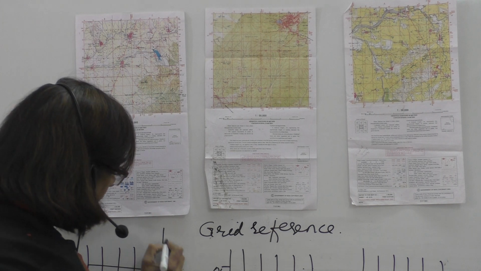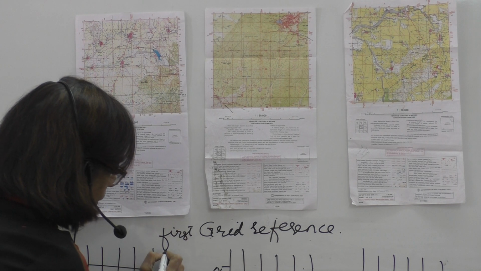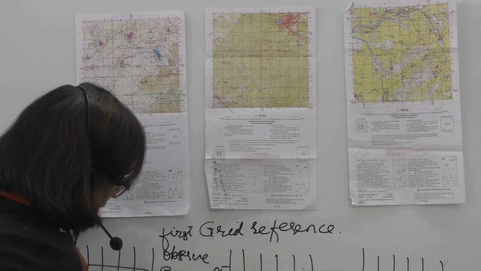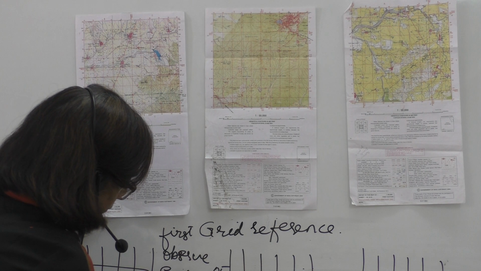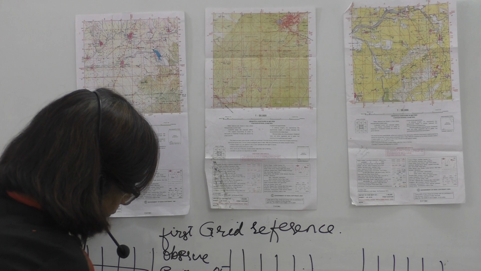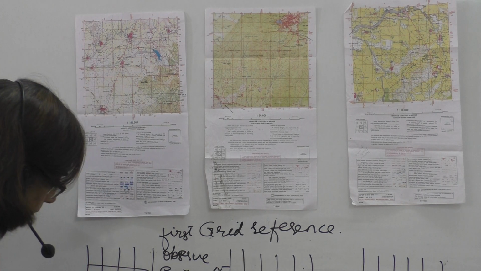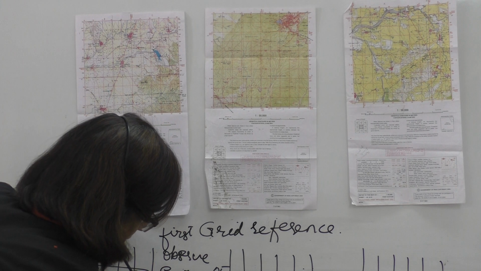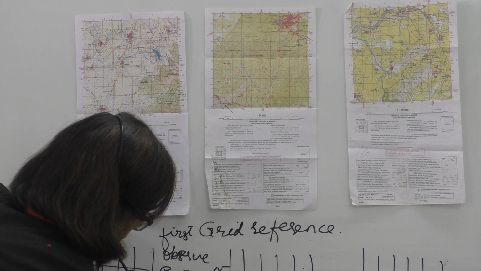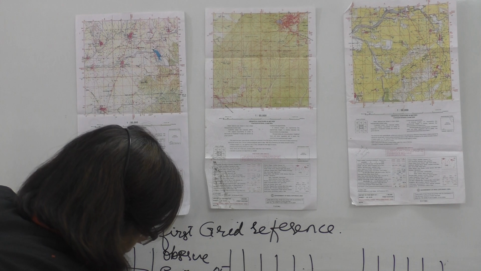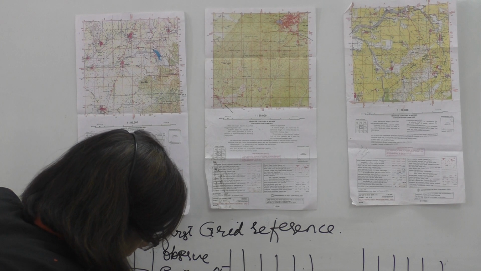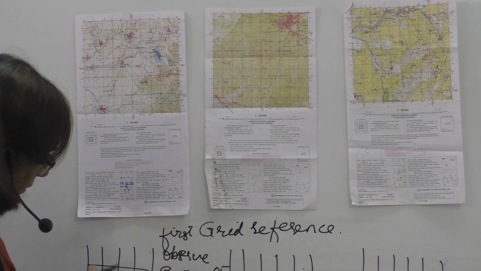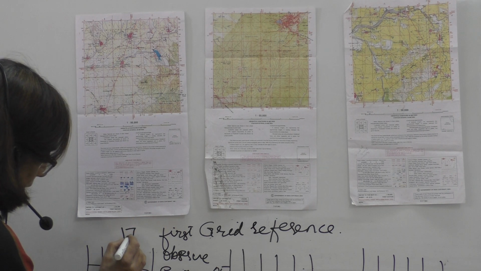You'll have to first observe the easting value. The object is to the right. So this lined well is at 17.